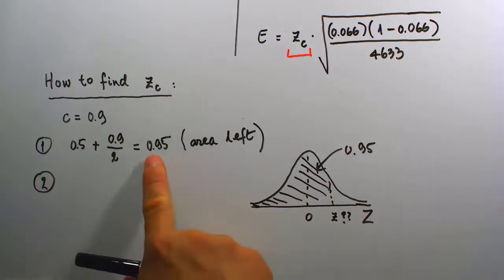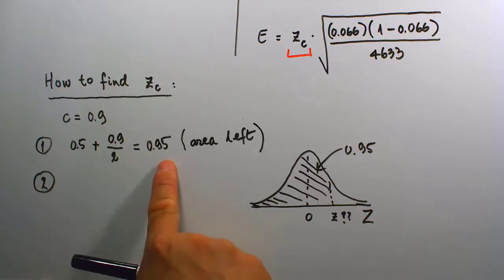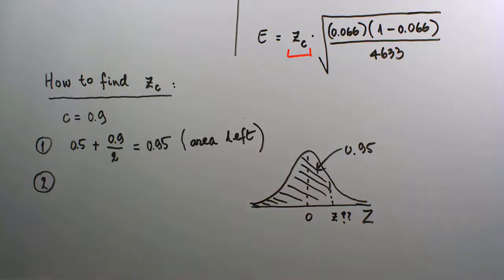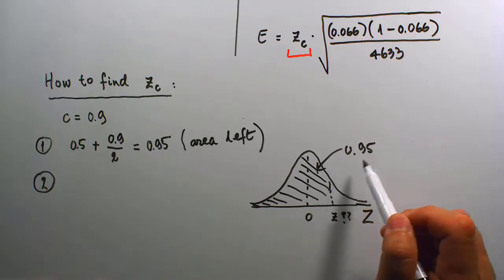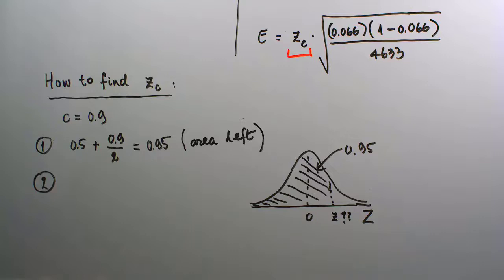That's why this value coming out from 0.5 plus 0.9/2 equals 0.95 is being referred to as area left, because once we've had that amount, we are going to look for, hey, if this 0.95 is being regarded as an area to the left of a z-score, then what z-score is it?